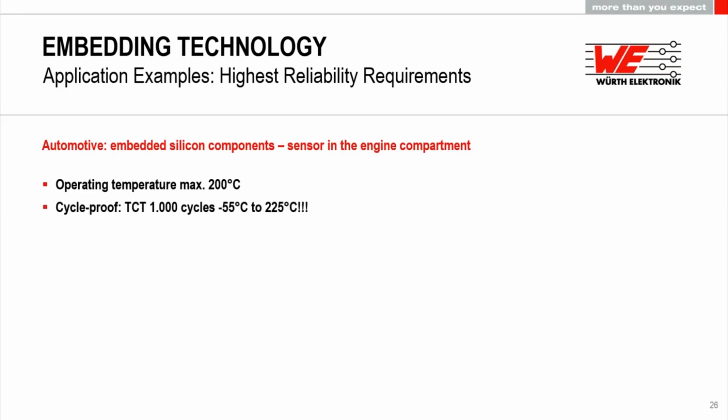We need to be cycle proof in the temperature cycling, at least 1000 cycles from minus 55 degrees Celsius up to 225 degrees Celsius. This is really, really high, even for automotive standard, where you normally go up to, for example, 150 degrees Celsius. So we are much higher here.